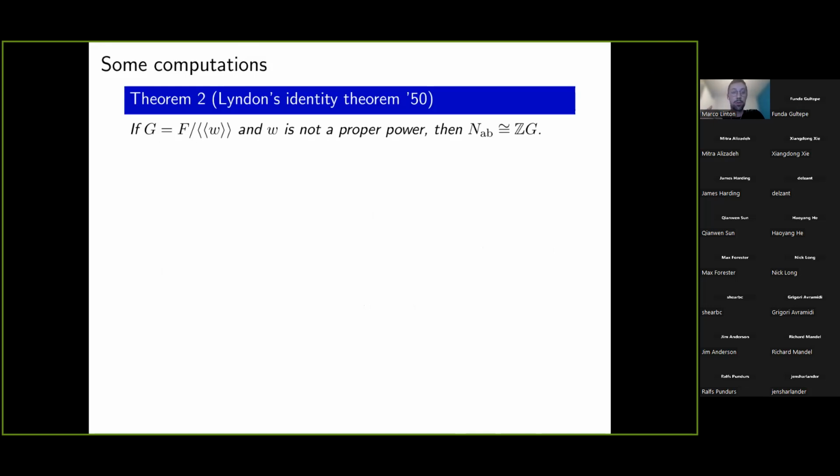And Lyndon proved that the relation module of this guy is isomorphic to the group ring of the quotient group when W is not a proper power. So when W is a proper power, he also computes the relation module, but just for simplicity, I'm doing this case. But in this case, it's a nice free ZG module. It's just a cyclic ZG module.